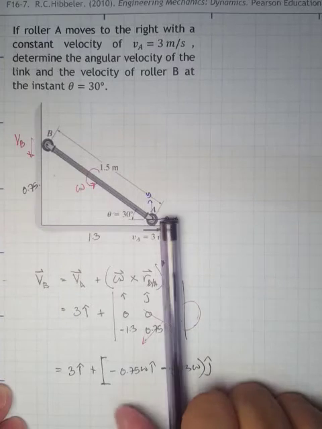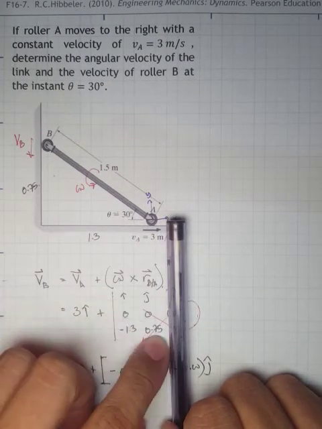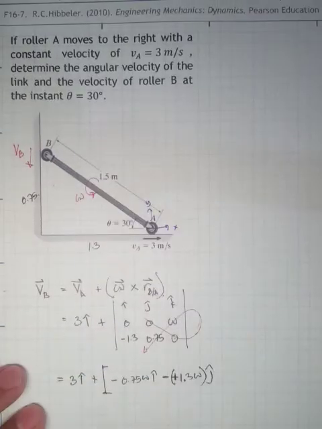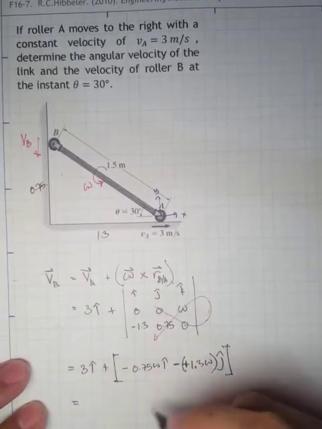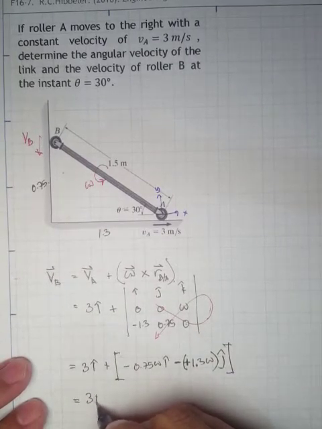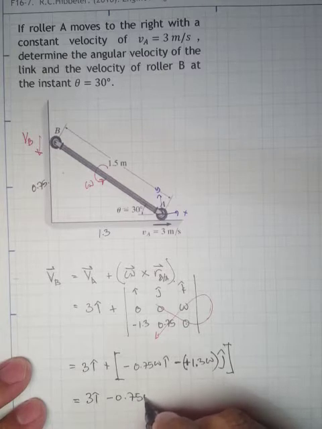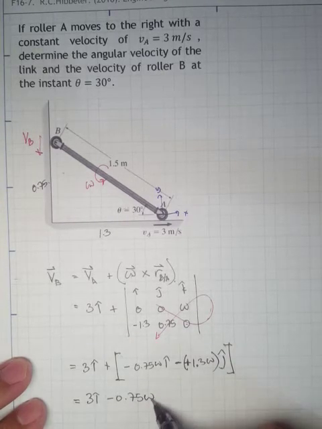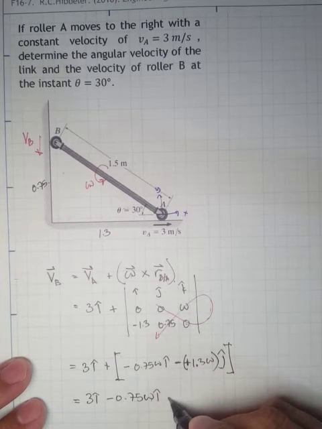Okay, and then along the k direction it's just 0, because when you go downward, 0 minus 0, it's just 0 here. Okay, so therefore if we simplify, what we get is 3i minus 0.75 omega i minus 1.3 omega j.